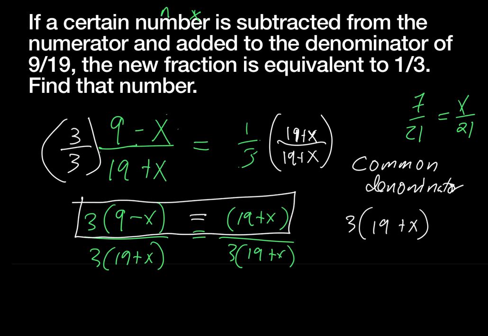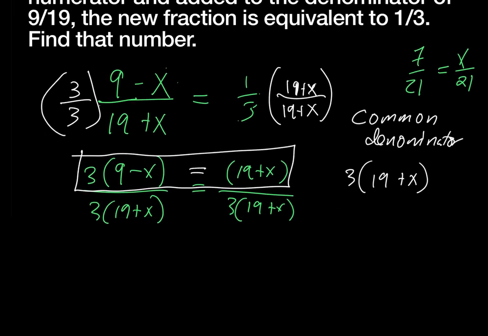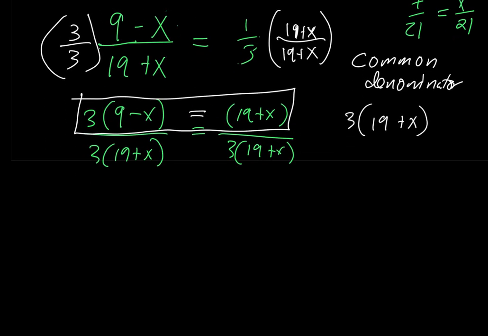Those are equal. Three times 9 minus x is equal to 19 plus x. I just took that numerator and rewrote it.